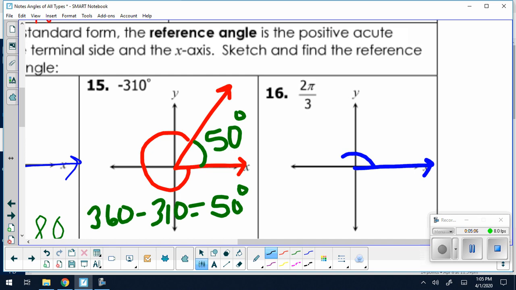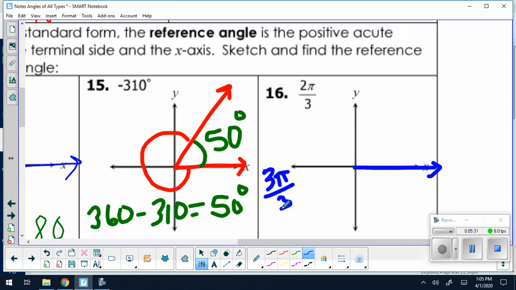It's more than pi over 2. Let me start this one over. Okay, ready? I'm going to start here. This is 3 pi over 3, right? Because it's pi. 3 pi over 3 is pi.